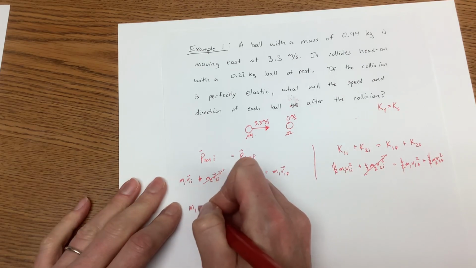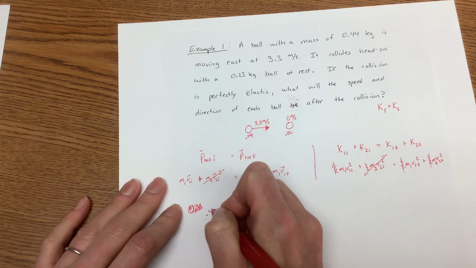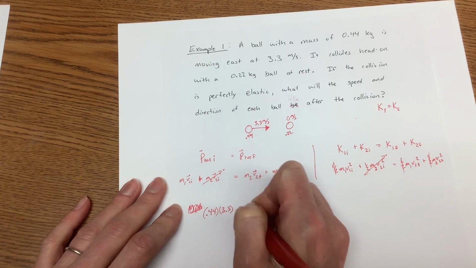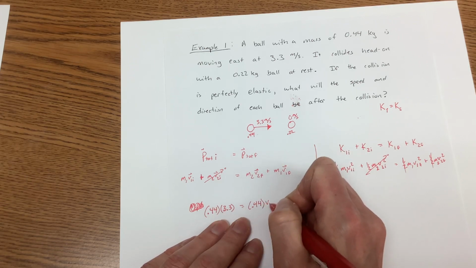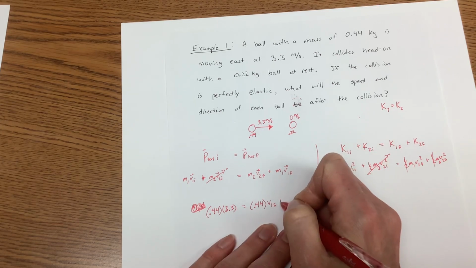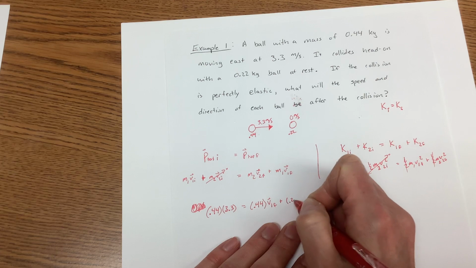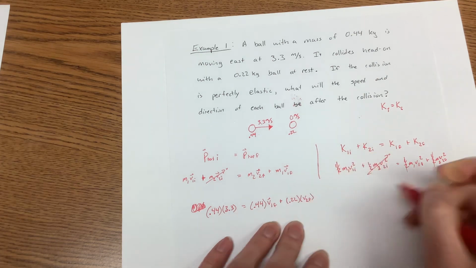So let's put some numbers in here. 0.44 times 3.3 equals 0.44 V1F plus 0.22 V2F.